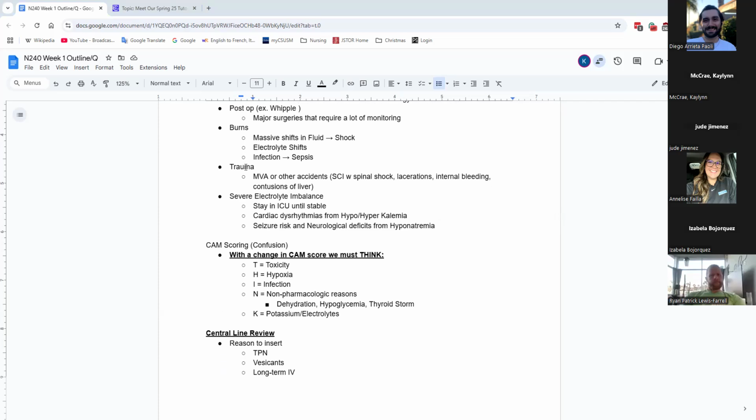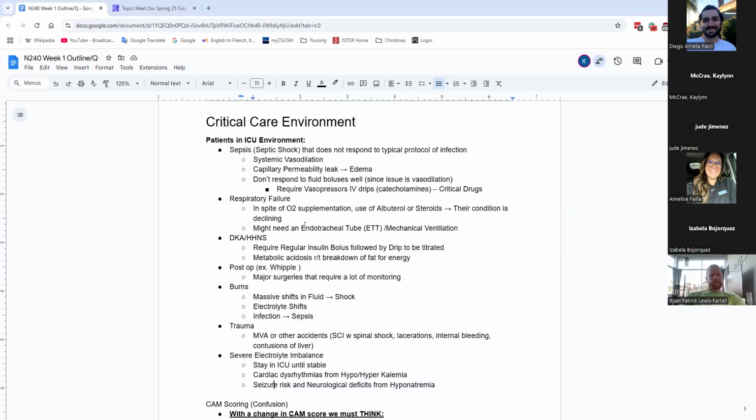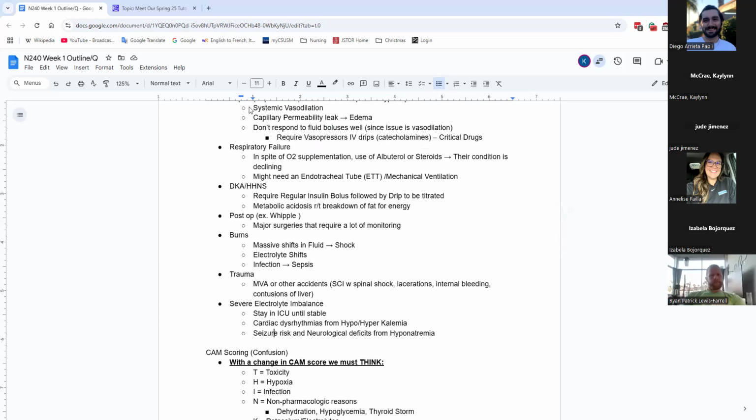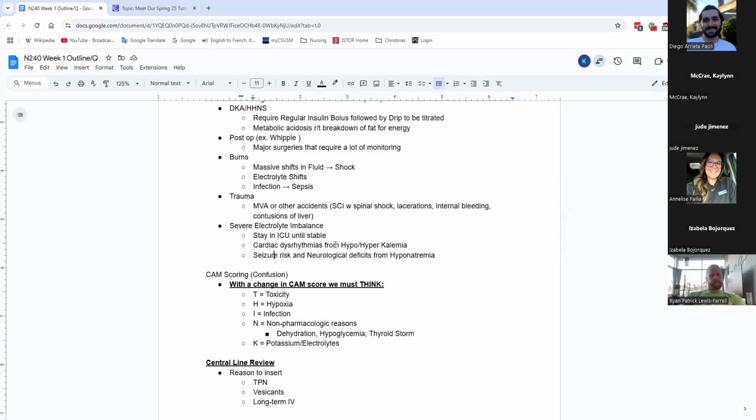Trauma patients, patients with spinal cord injuries, MVAs, lacerations, internal bleeding, as well as severe electrolyte imbalances for people having really bad hyperkalemia, people with severe hyponatremia, seizure risk, for whatever reason they might have it. So here's just the basic idea to get the gist of it.